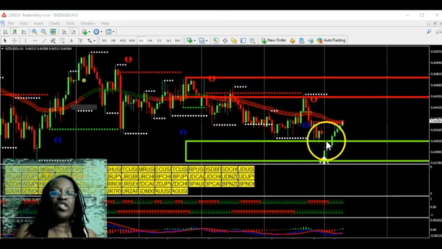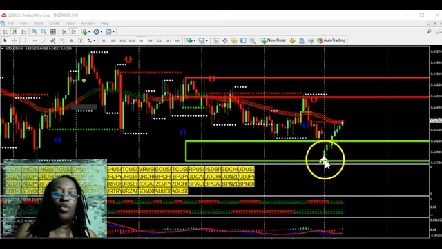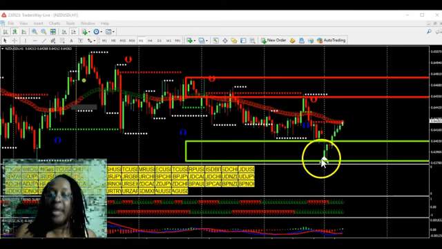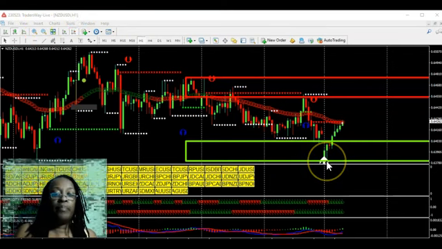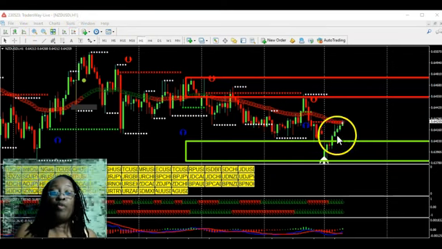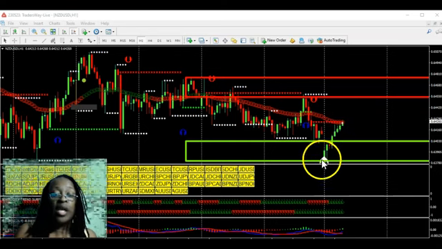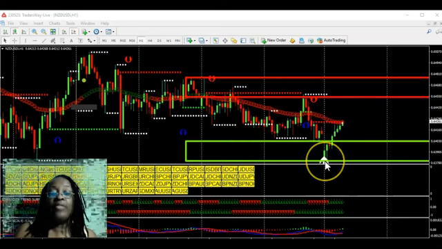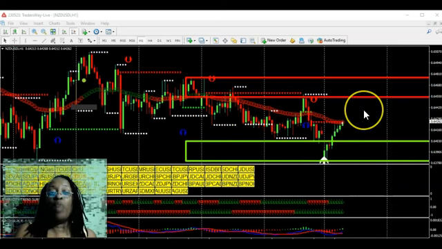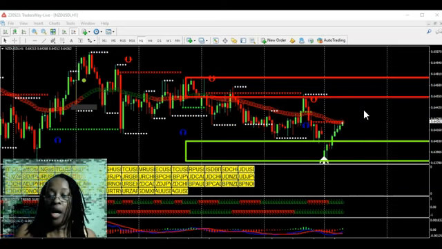So price actually came into the zone and it populated what? A big arrow. We're on NZD USD, on the hour chart. I always do the hour chart. Seeing the big arrow lets us know that price wants to go up in an uptrend.